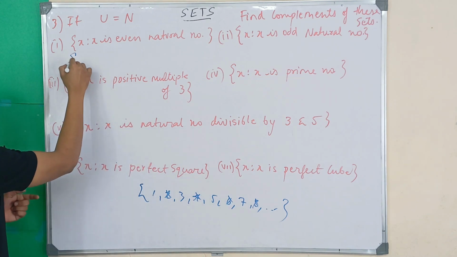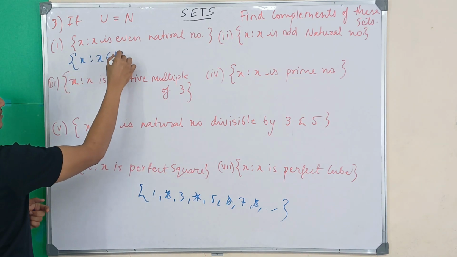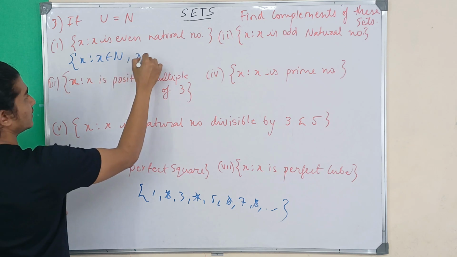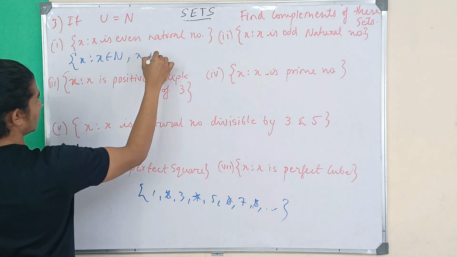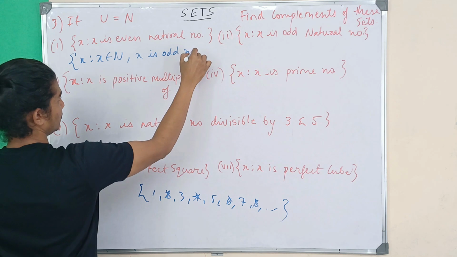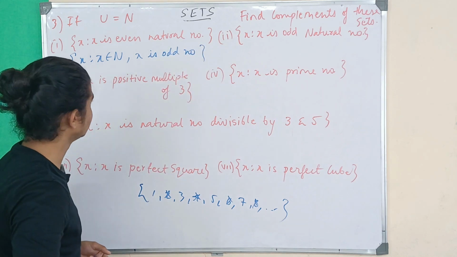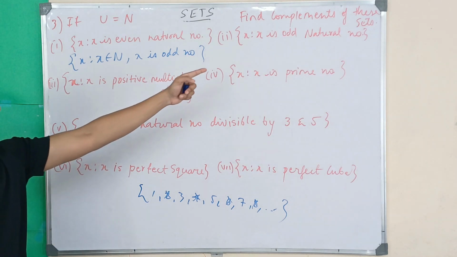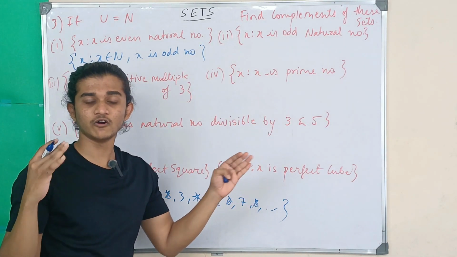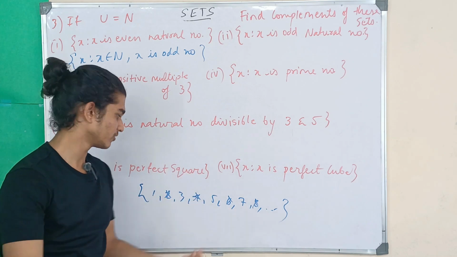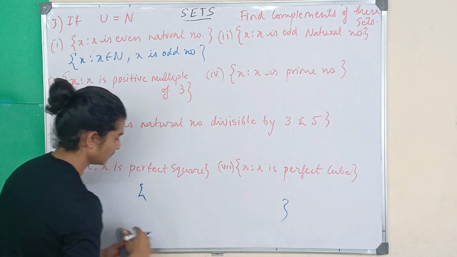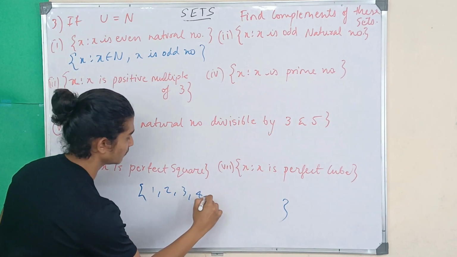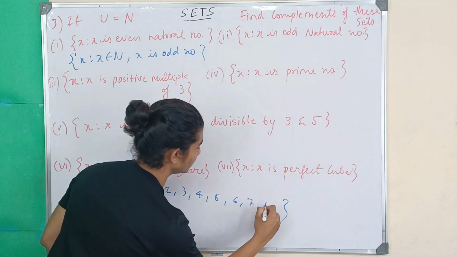So the answer is the set of all x such that x is a natural number and x is an odd number. It's best to write it like this. The next one is the set of all x such that x is an odd natural number. If you remove all odd numbers from the natural numbers, what are you going to get? So 1, 2, 3, 4, 5, 6, 7, 8, 9.